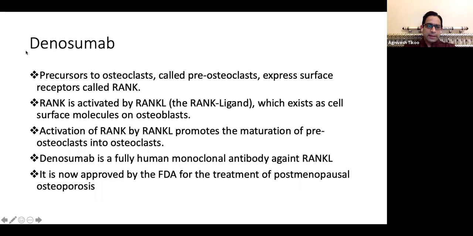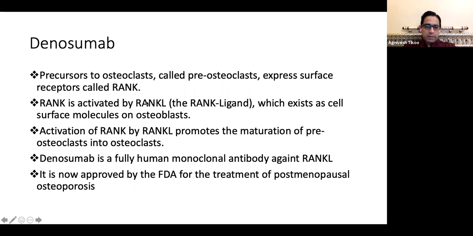Denosumab is again a newer drug. It's a RANK ligand inhibitor. Unlike bisphosphonates, you can give denosumab for 10 years also. And this is given as a follow-up therapy also after teriparatide. We all know denosumab is also used in treatment of GCT to shrink the tumor before we go for the curative surgery.